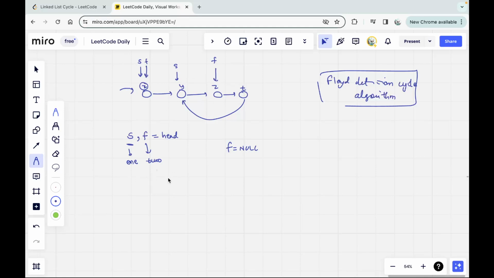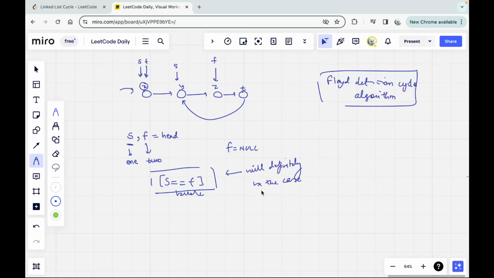He said when the slow pointer becomes equal to the fast pointer, you will break out of the loop, and that's when you will know that the linked list that you have has a cycle in it. Okay, so that happens when the slow and fast pointer become equal, and this will definitely be the case. That is what Floyd said.